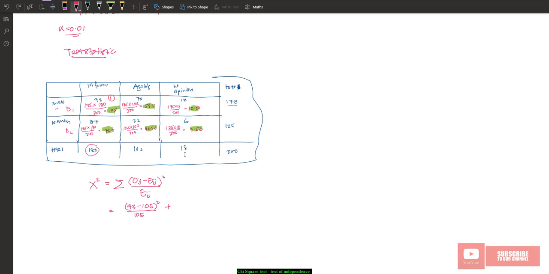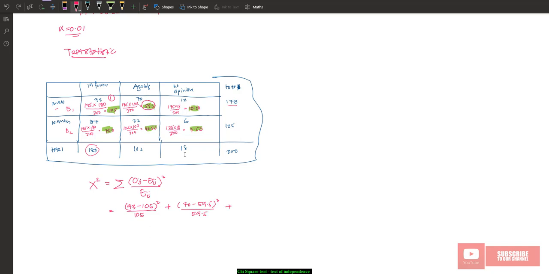Then we need to add up for the second, third and fourth until the last one. So the second one is 70 minus the expected frequency 59.5, squared, divided by 59.5.